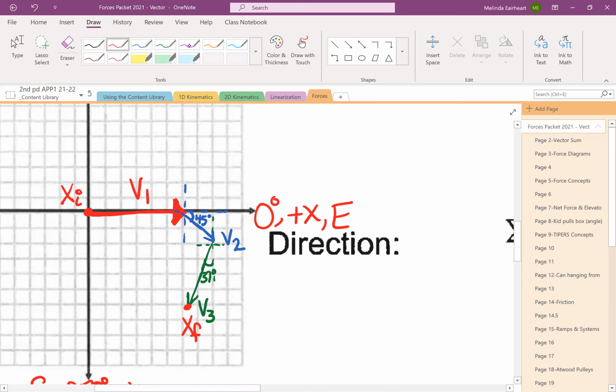And I want to use a 4th color. And so this is your displacement, since we're dealing with distances here and positions. However, in the generic sense, this vector is not going to be labeled V4, but VR.